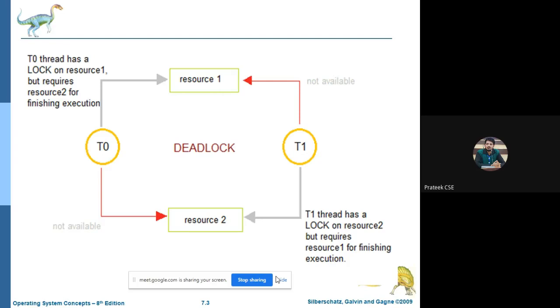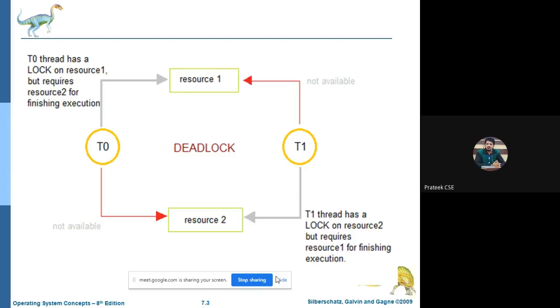Both are waiting for a resource, but that resource will never be released by either process, because both of them are waiting. So this is the situation of deadlock.